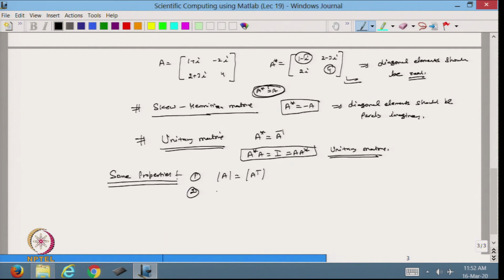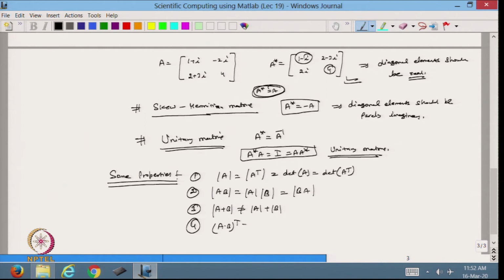The second one is that if I multiply two matrices and find the determinant, this is the same as determinant of A times determinant of B. The third one is that determinant of A plus B is not equal to the sum. The fourth one is that if I multiply two matrices and take the transpose, that is equal to B transpose A transpose.